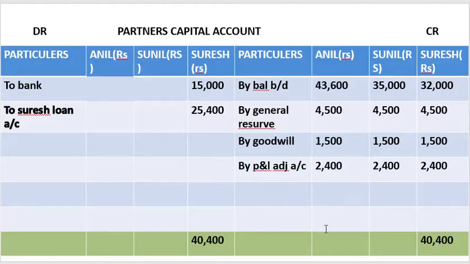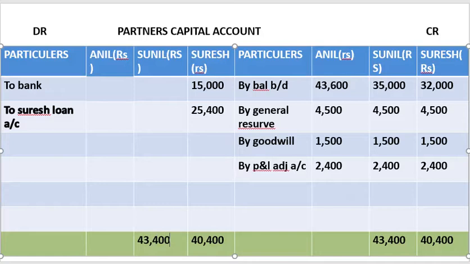Now we'll close the remaining partners' accounts. So Sunil we get 43,400. Okay.